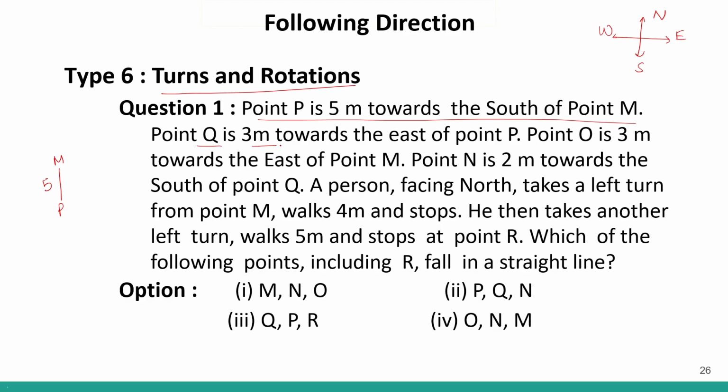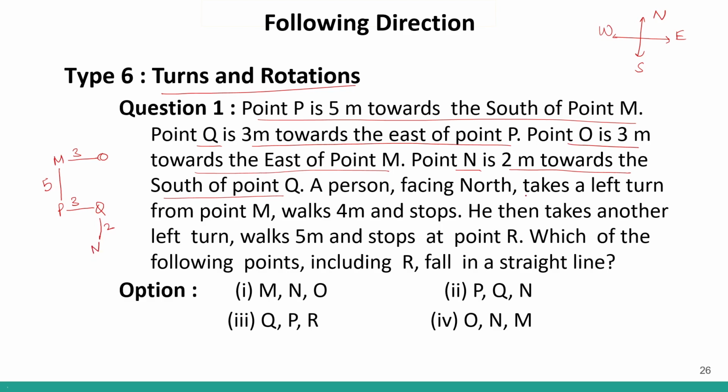Point Q is 3 meter towards the east of point P. Point O is 3 meter towards the east of point M. Point N is 2 meter towards the south of point Q. So from Q, 2 meters south will give me point N.